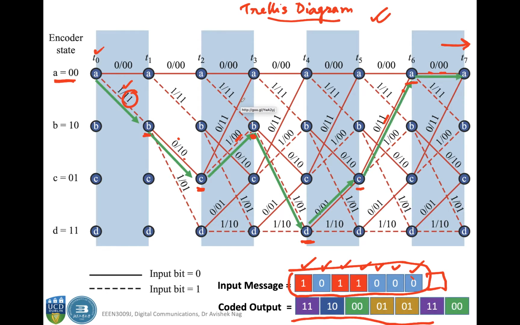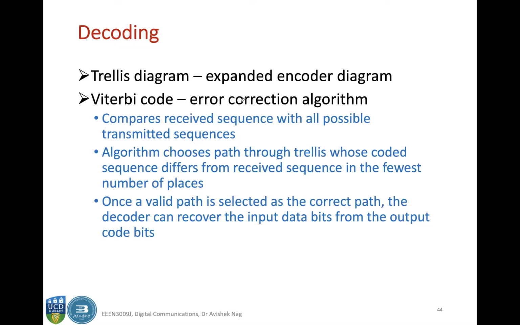So this code is an example of a 1 by 2, or rate half, convolutional coder. You can have rate 1/3, rate 2/3, and accordingly your trellis diagram will look a little different, but the basic concept remains the same.